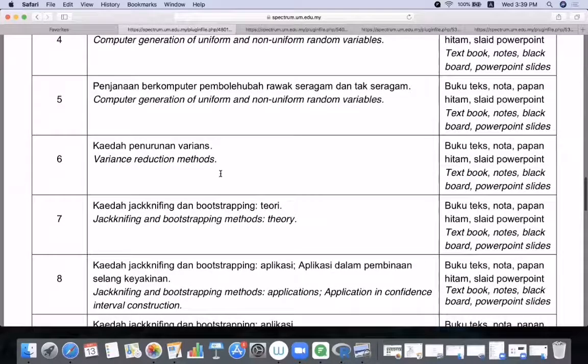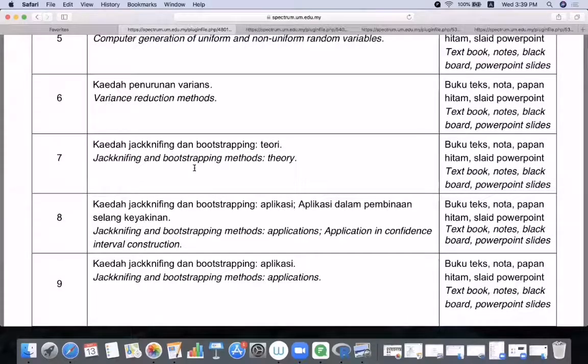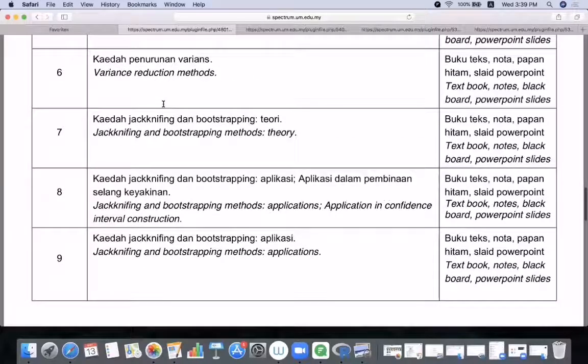So in fact, variance reduction is taking more time than expected, all right? Basically, the things that we talked about last week and this week have to do with variance reduction, okay? Then we're basically done with this part already.